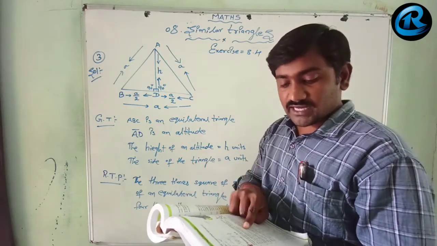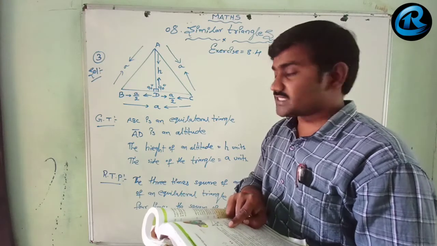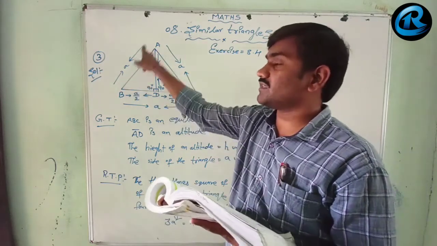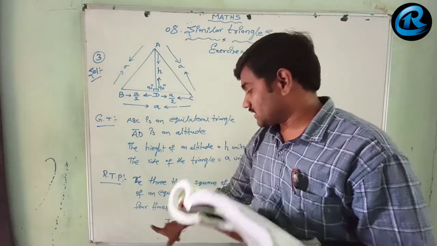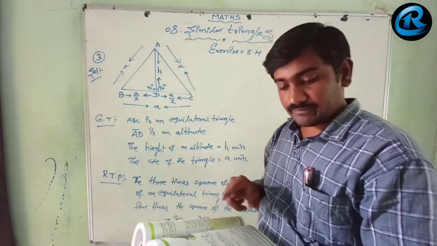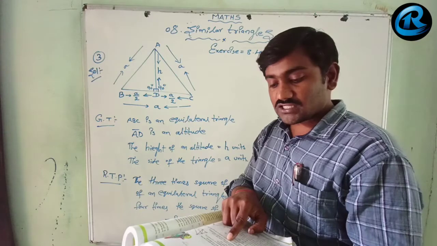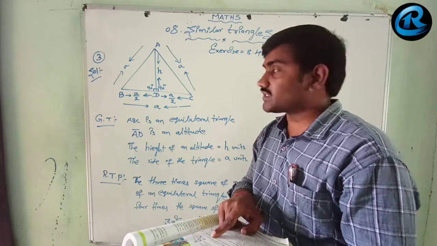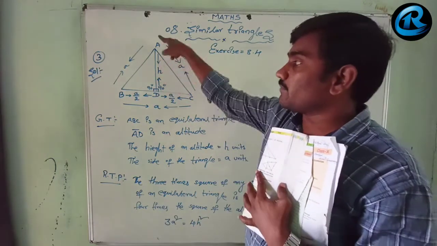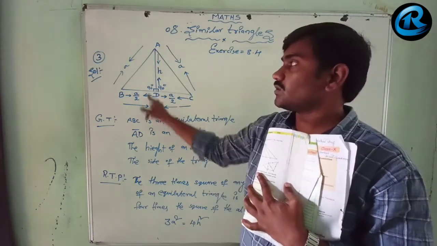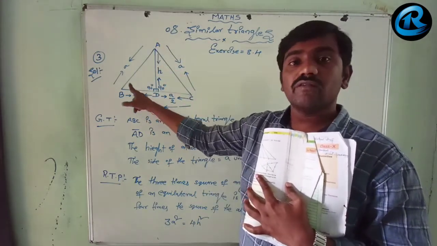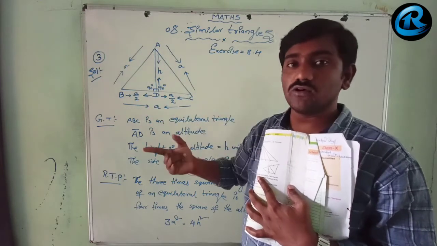So 3 times square of the any side, 3 times of the square of this side. Square of this side is A square. 3 times of that, 3A square, of an equilateral triangle is equal to 4 times the square of its altitude. The altitude and medians are both equal in equilateral triangle. If you draw an altitude or median for the equilateral triangle, both are same only.